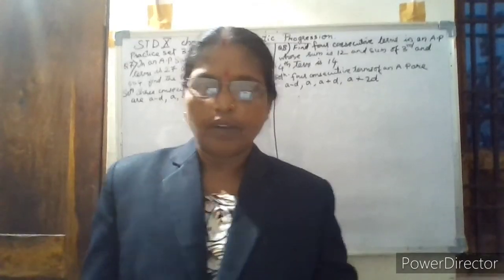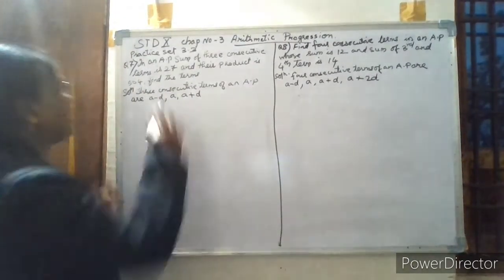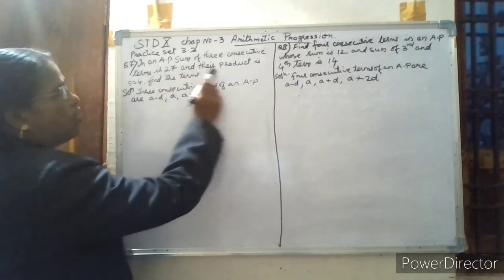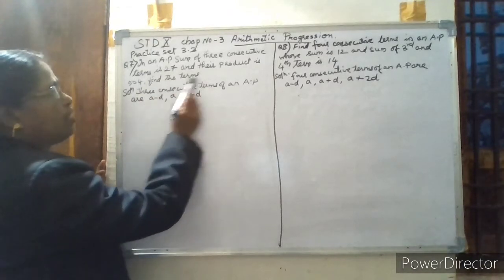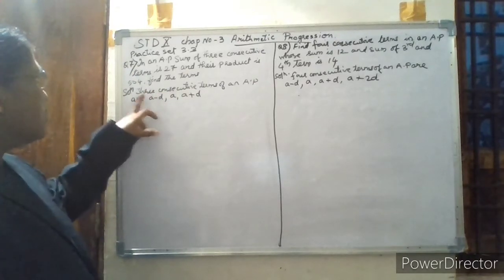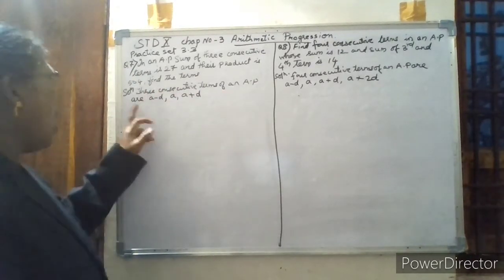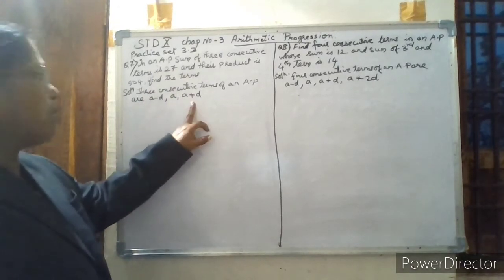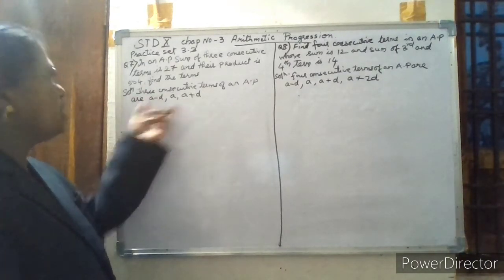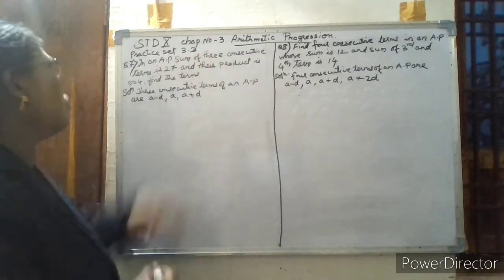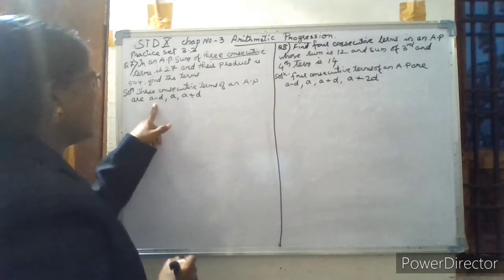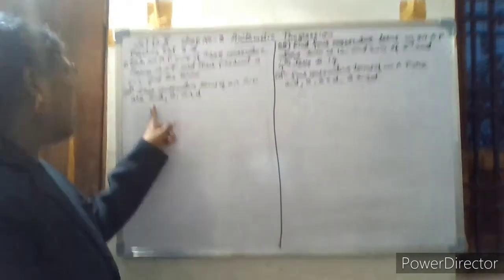Now, let us start with question 7. In an AP, the sum of 3 consecutive terms is 27 and their product is 504. Find the terms. For any question related to 3 consecutive terms of an AP, we can take them as a minus d, a and a plus d.